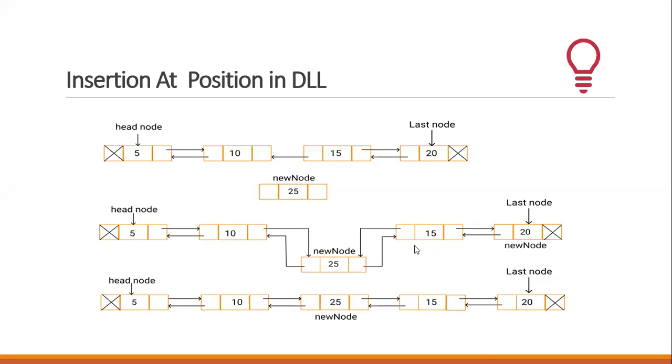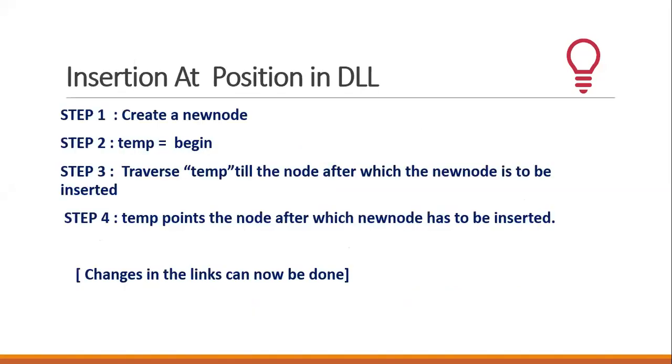You can even talk about this connectivity in another way. You traverse to the node after the new node, and the previous of it should get connected to the new node. In that case, you can talk about, let's say, temp of next of previous, and that connectivity you can also cover. When we write the actual code for it, applying those connectivities will become very simple.